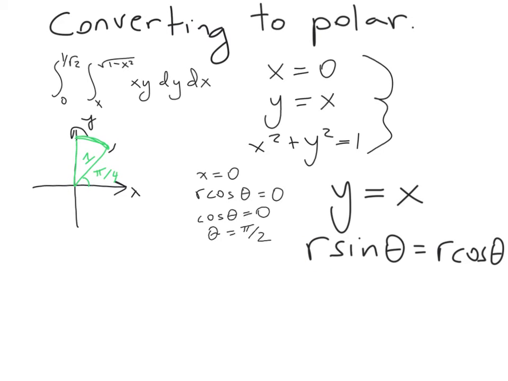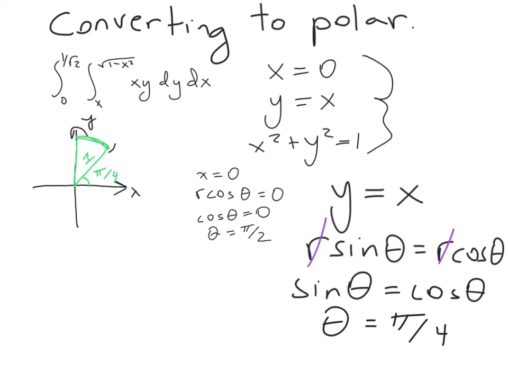And so the radius is non-zero, and thus we can divide through by r. So now we have sine theta equals cosine theta. This happens at 2 different angles. It happens at pi over 4, and it happens at negative pi over 4. We happen to be interested in the pi over 4. So this is theta equals pi over 4.